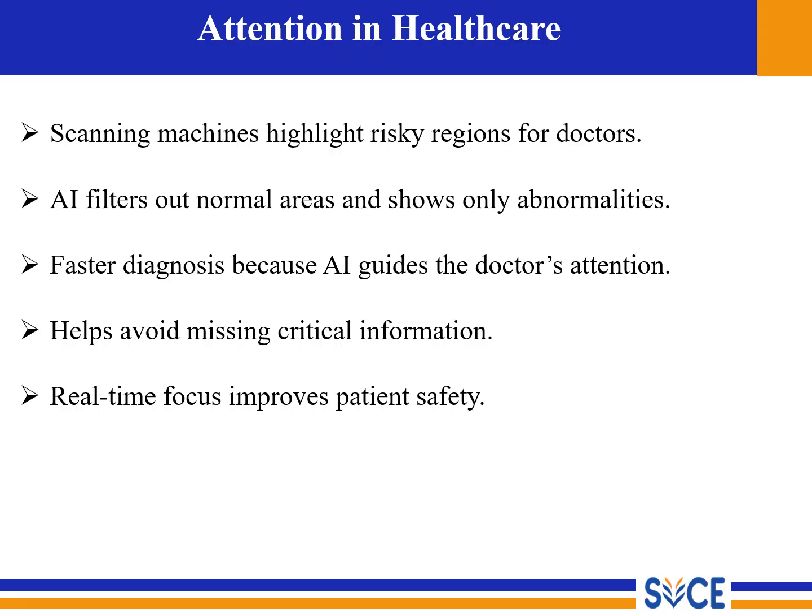This helps the doctor make a faster and more accurate diagnosis. For example, in cancer detection, AI can highlight the tumor regions, reducing the chances of missing critical information. This is extremely important because even a small oversight can lead to serious consequences.